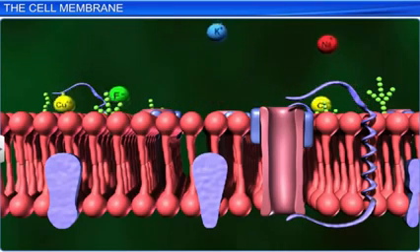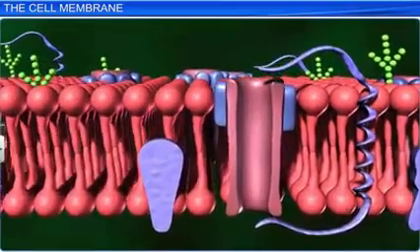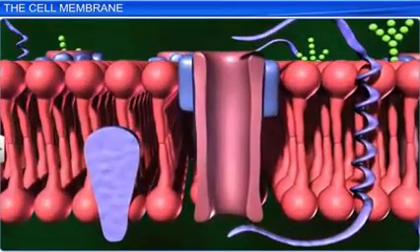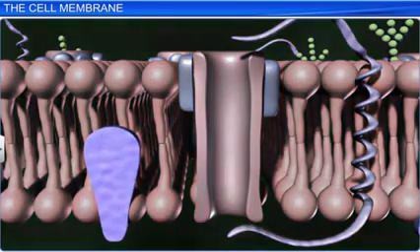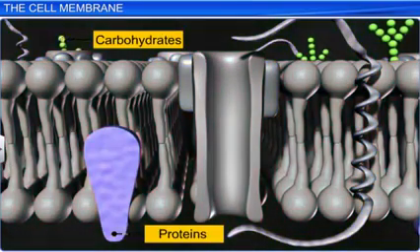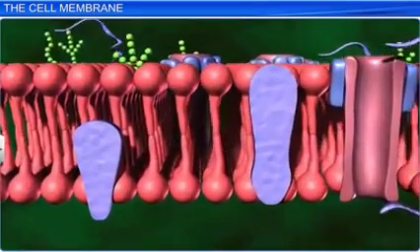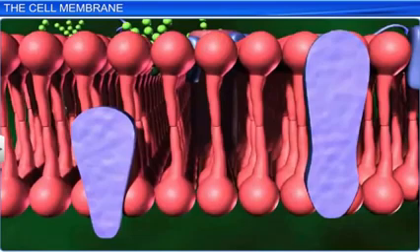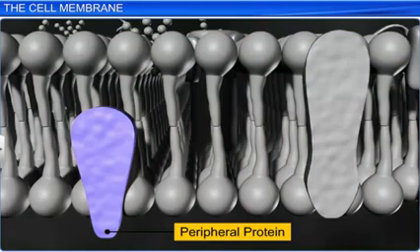Later, biochemical investigations revealed that apart from lipids, proteins and carbohydrates too are a part of the cell membrane. Moreover, the proteins are arranged in 2 forms, peripheral and intrinsic. Peripheral proteins lie on the surface of the membrane and can be easily removed by physical methods.